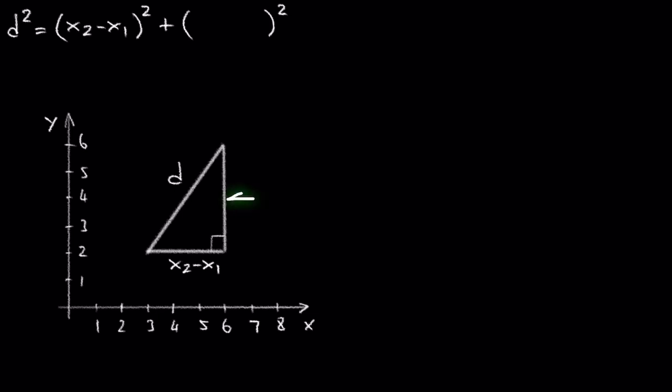And the length of this side is the y-coordinate of this point minus the y-coordinate of this point, which we wrote as y2 minus y1 in the distance formula.